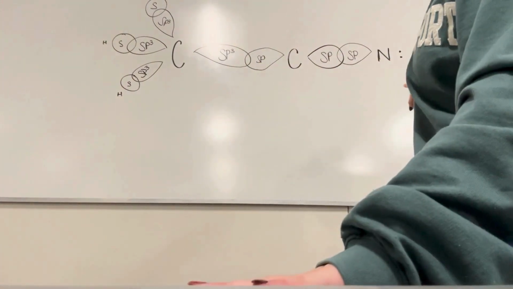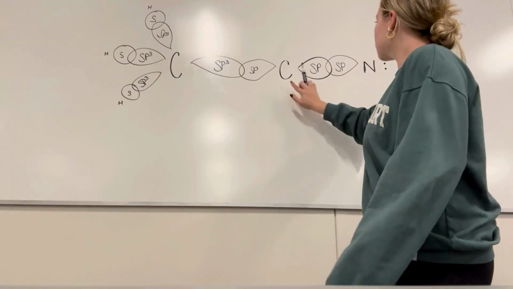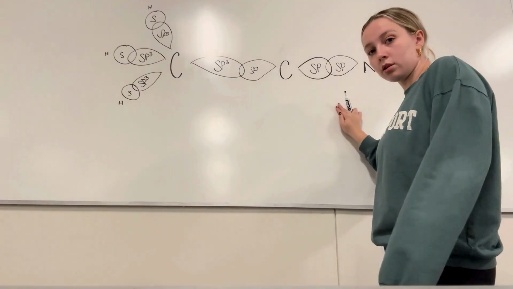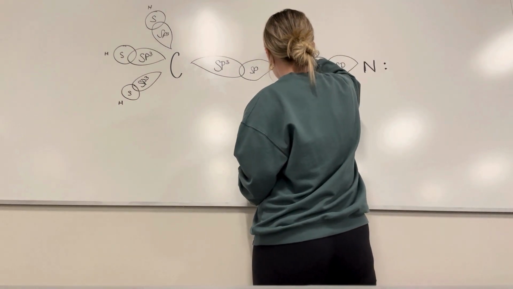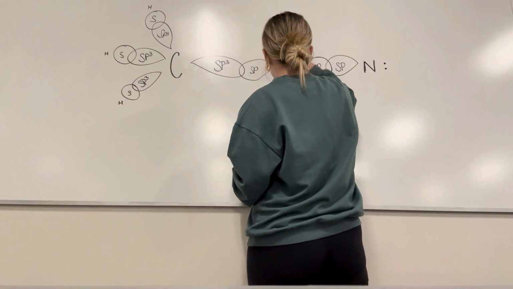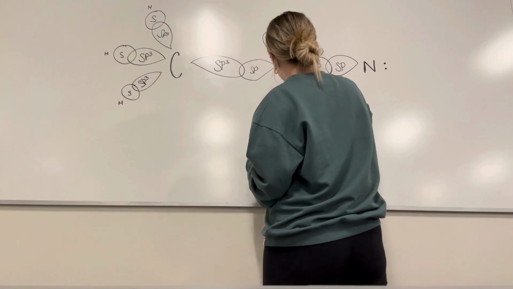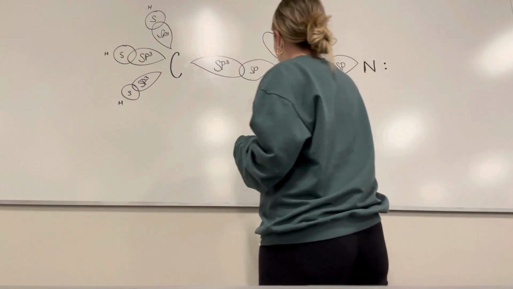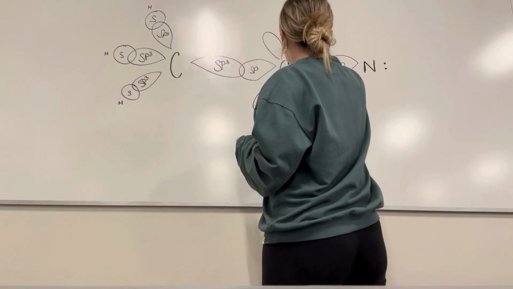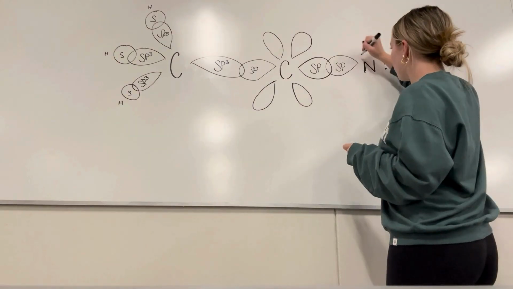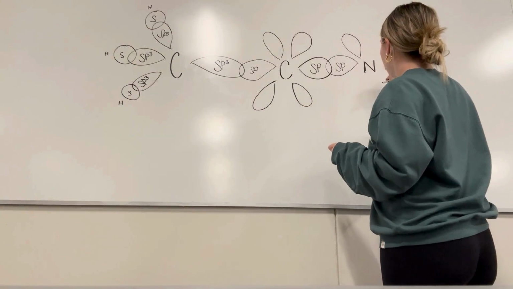And can't forget the fact that the carbon to nitrogen is a triple bond, which means that you have to have the p orbitals, the unhybridized p orbitals. You have 2 of them on each for the pi bonds.